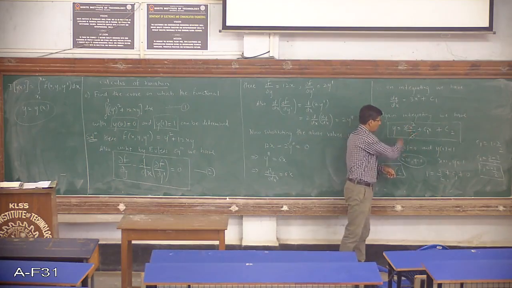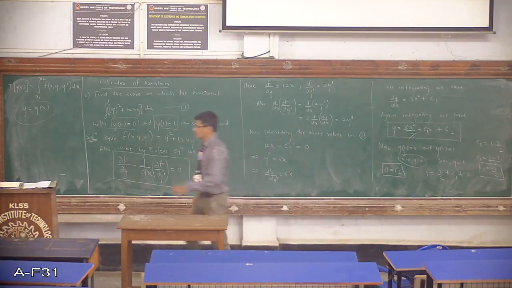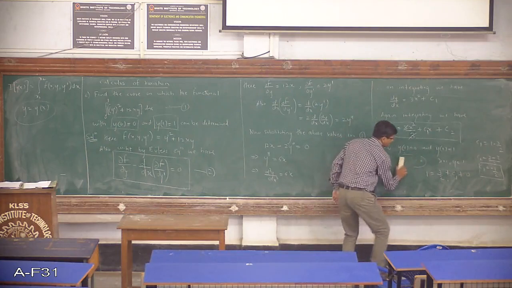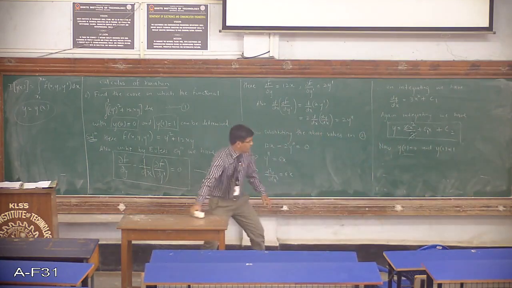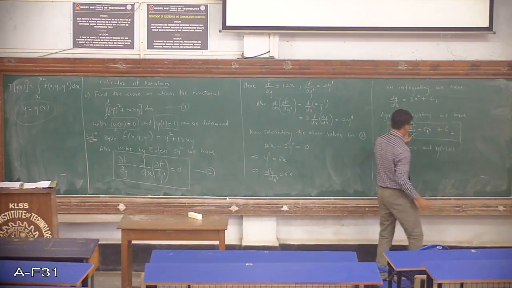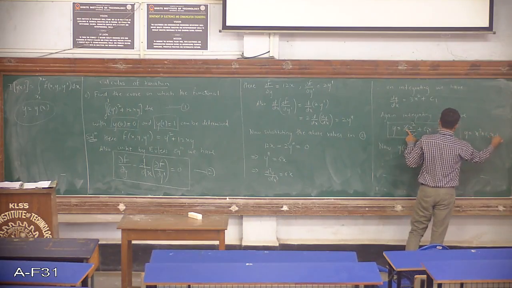Then again here this 3 and this 3 gets cancelled, so it is y is equal to x cube. So your answer is y is equal to x cube plus c1x plus c2.